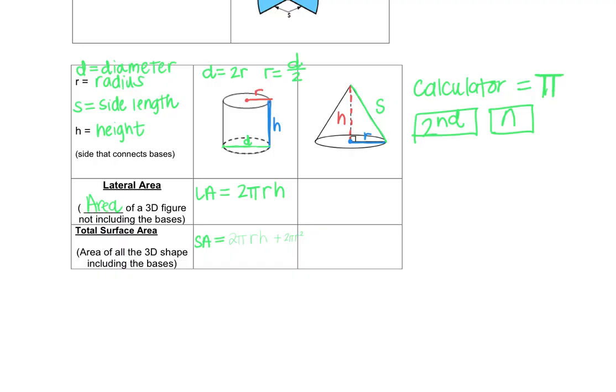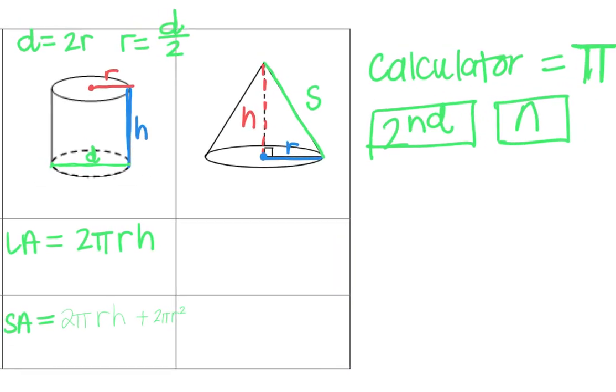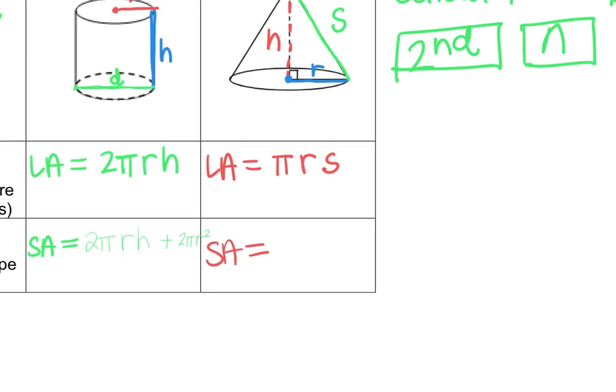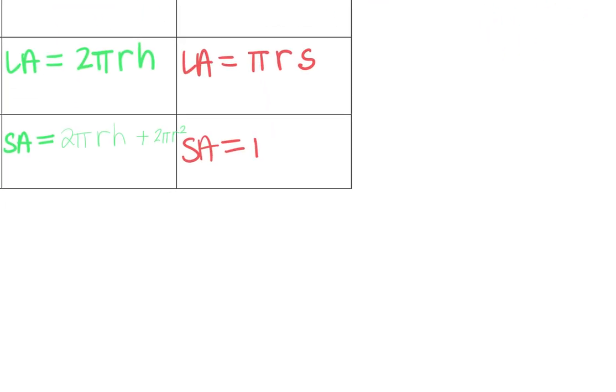For a cone, let's put in our formulas here. For the lateral area of your cone, you're going to multiply pi with r and with s. You're multiplying all of these three things together. To get the total surface area of your cone, you're going to take the lateral, which is pi r s, and add it with pi r squared, okay?